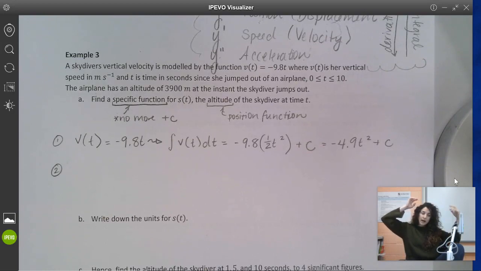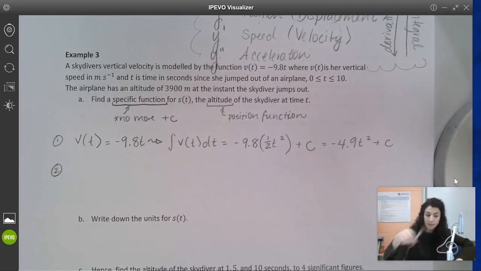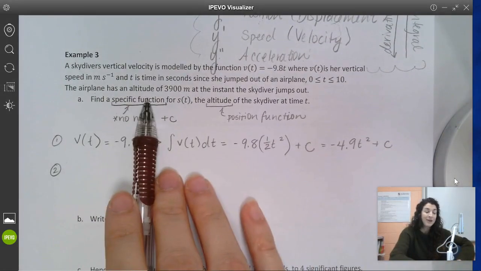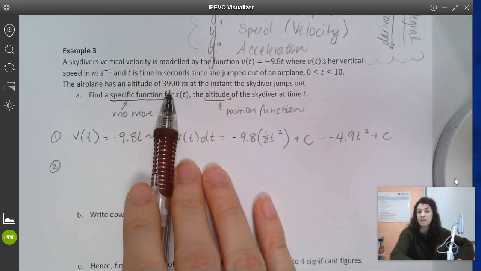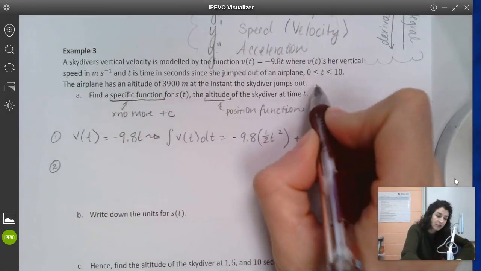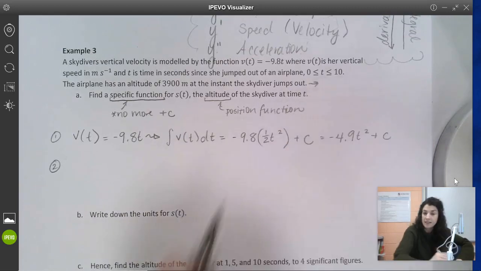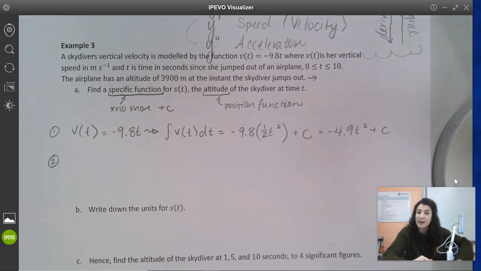And so going back and looking at that equation, trying to find any information that we can use in order to solve for c, notice that it gives us one extra piece of information at the very, very end of the problem. It says the airplane has an altitude of 3,900 meters at the instant the skydiver jumps out. This is a relationship between time and displacement.